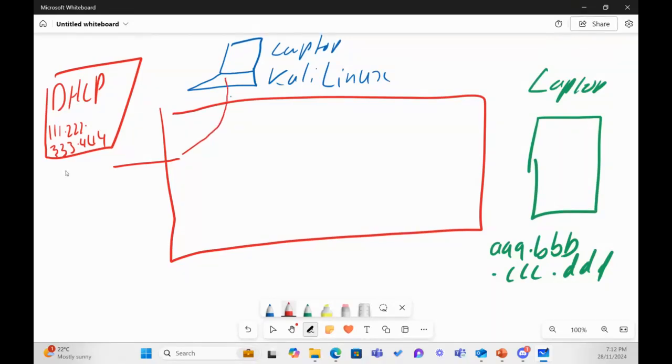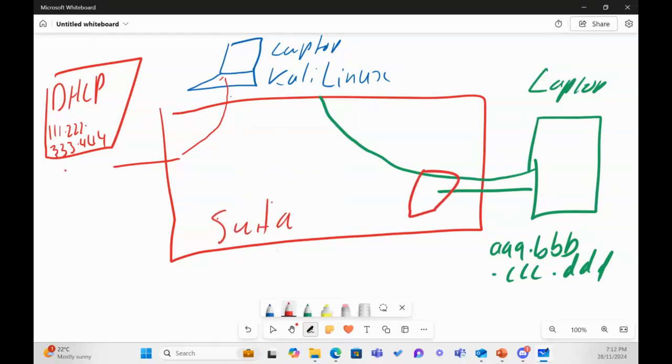How about I grab that MAC address, and when this laptop broadcasts through the switch, by the way, this is a switch, this box here with ports, and that's connected to the Kali Linux.